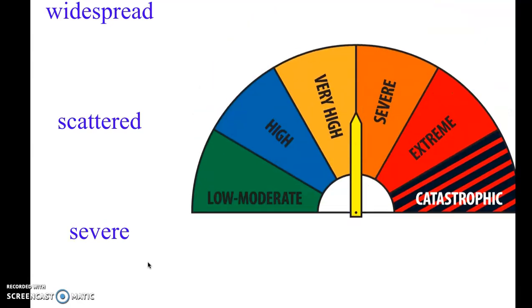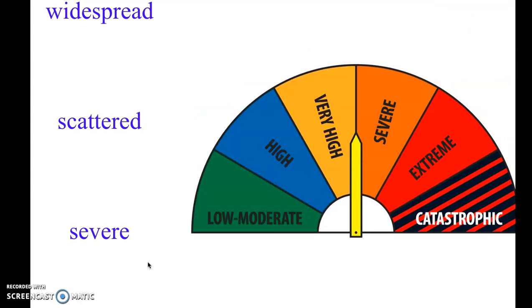Severe, what does severe mean? Right, that was on our forecast. So doesn't look too bad outside today now when I look outside. But severe usually means it can be very bad, right? You can see here, we have low, moderate, so not bad, right? And we go all the way to the word catastrophic. Catastrophic is horrible, very dangerous, very bad.